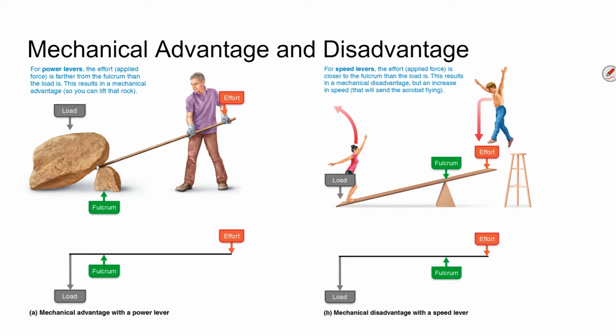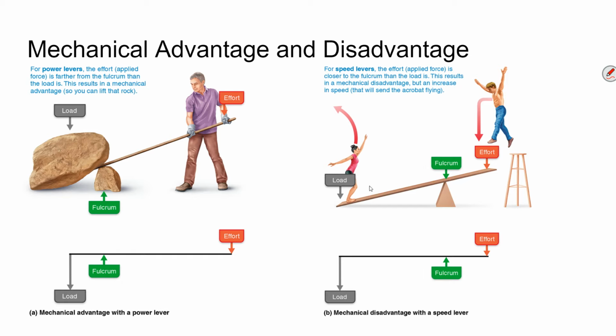So the weight here is really close to the fulcrum, and this long piece is used to move this really short piece. That is a very powerful movement. So when the fulcrum and the load are really close to one another, that is powerful movement. This is a mechanical advantage.